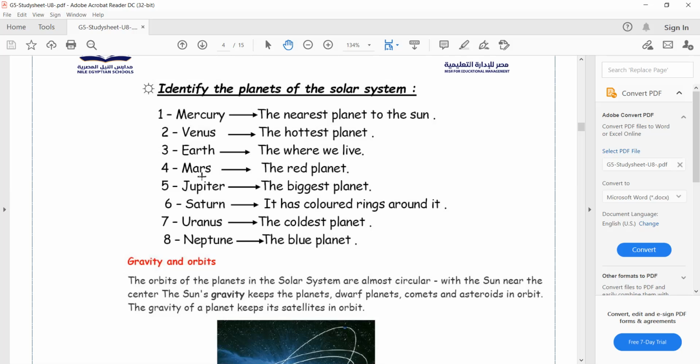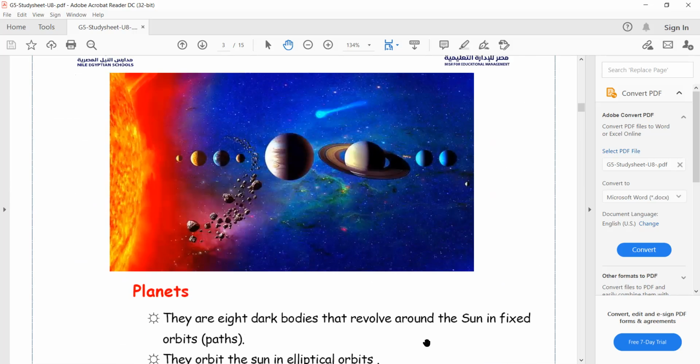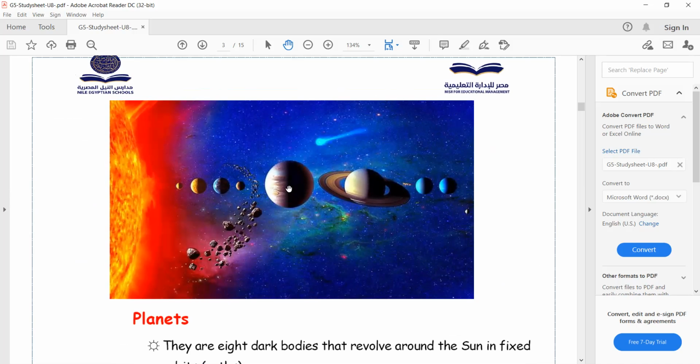The fourth planet is Mars. Mars is called the red planet. Then Jupiter. Jupiter is the biggest planet in the solar system and the second biggest body in the solar system. The first biggest body, of course, is the sun.